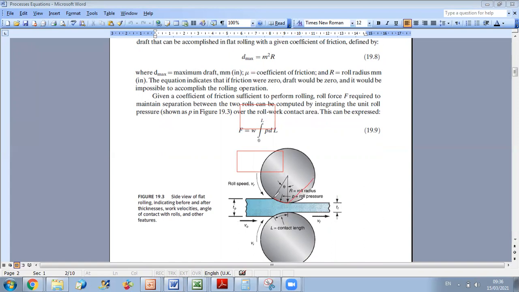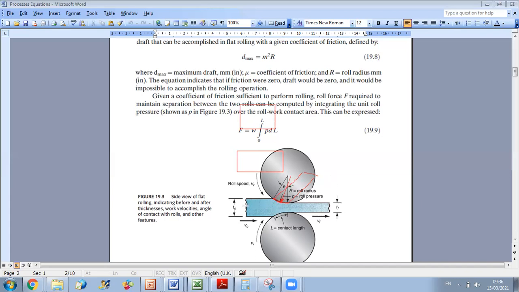So the contact area will be equal to the length of my work part, or the width if you want, times this arc of circle. And by calculating the average stress, the stress is perpendicular to this part. When I calculate the average stress, I can multiply the average stress by the area to get the total force applied.